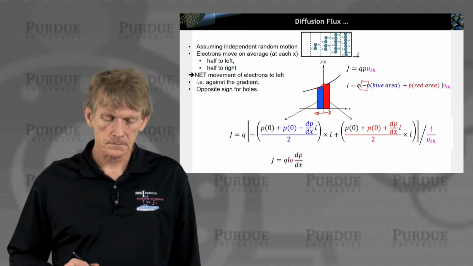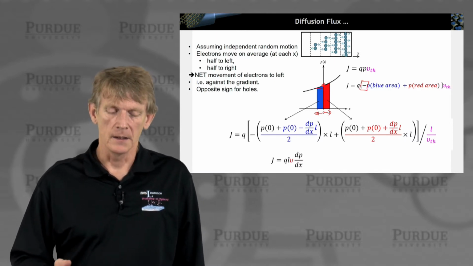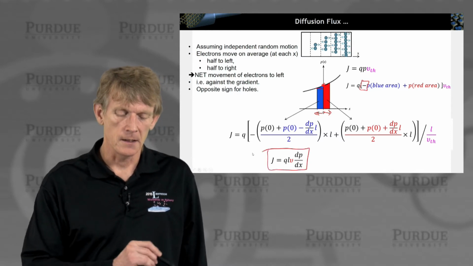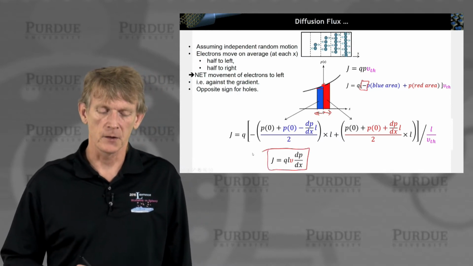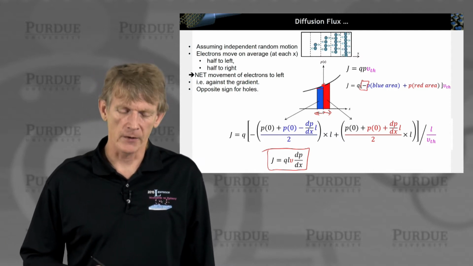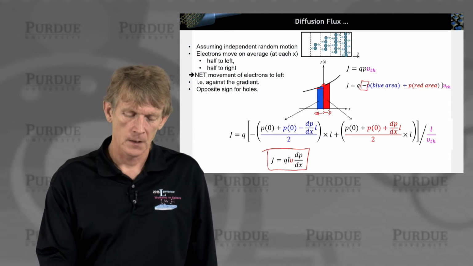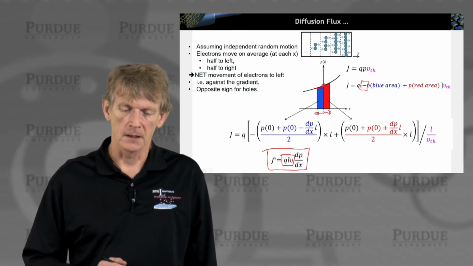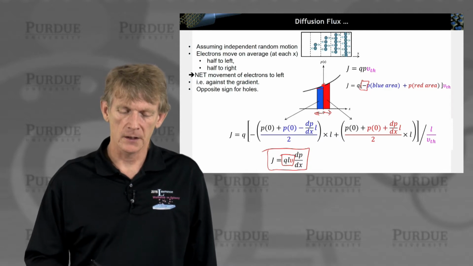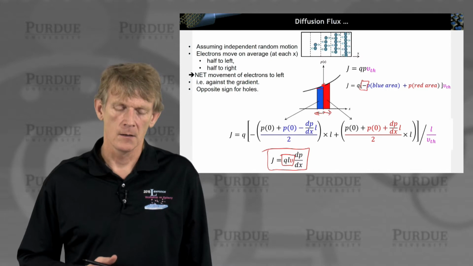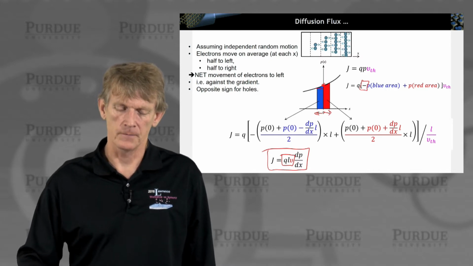And that means you can now, in a differential expression, describe a current that is flowing with a differential of the gradient of the charge, but you have a term that now depends on the length of the slab that you're considering and the thermal velocity with which these particles make it through the structure.